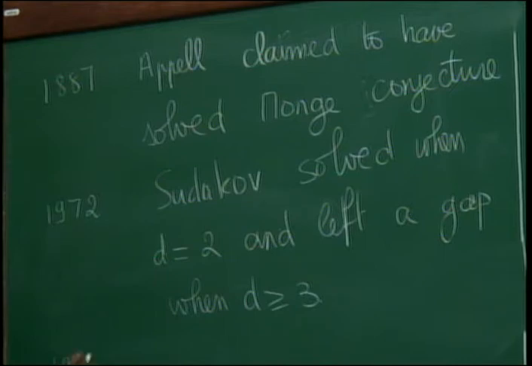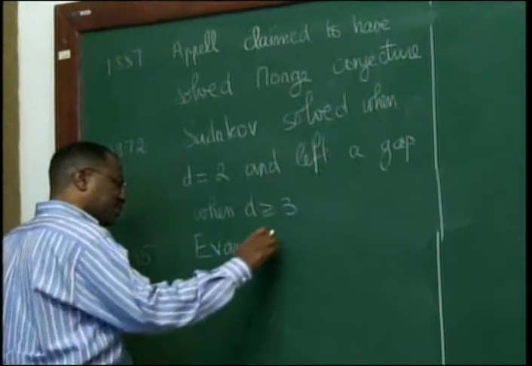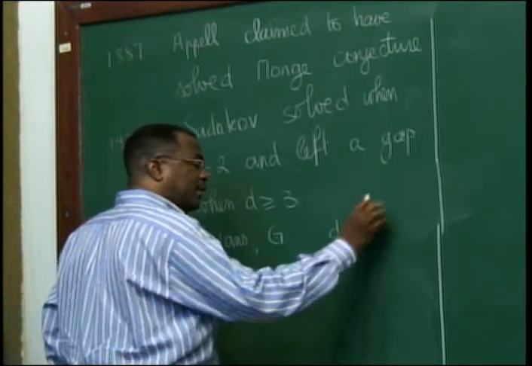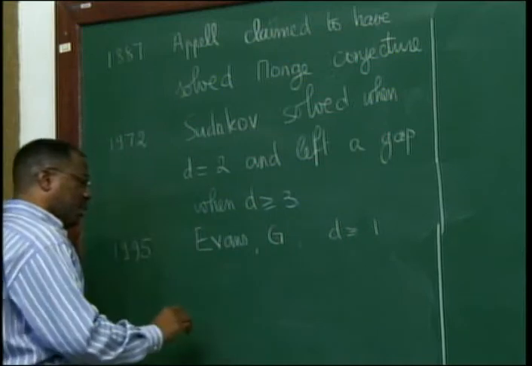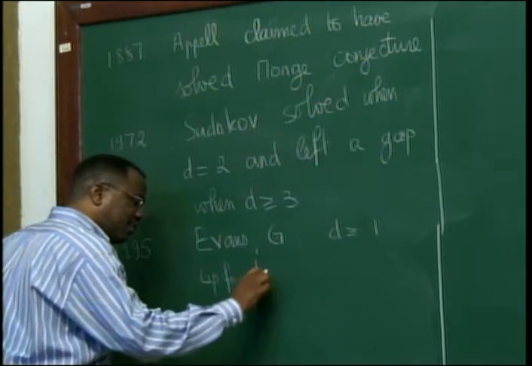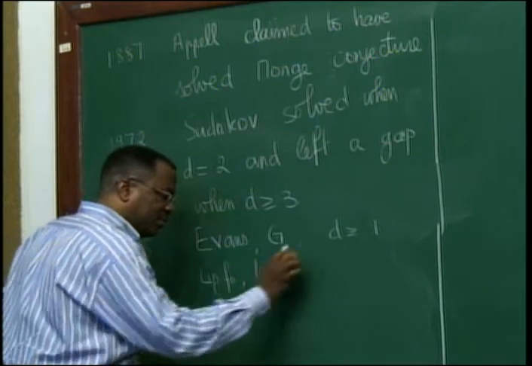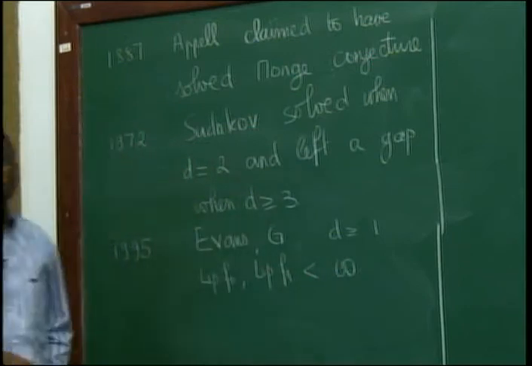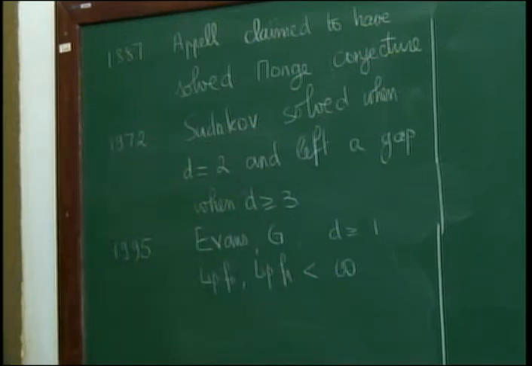So in 1995, myself and Evans, we solved the proof for any arbitrary d, but we have to impose that the Lipschitz constant of F0 and the Lipschitz constant of F1 are finite. So we have to impose an additional regularity condition on F0 and F1, that they are Lipschitz functions.